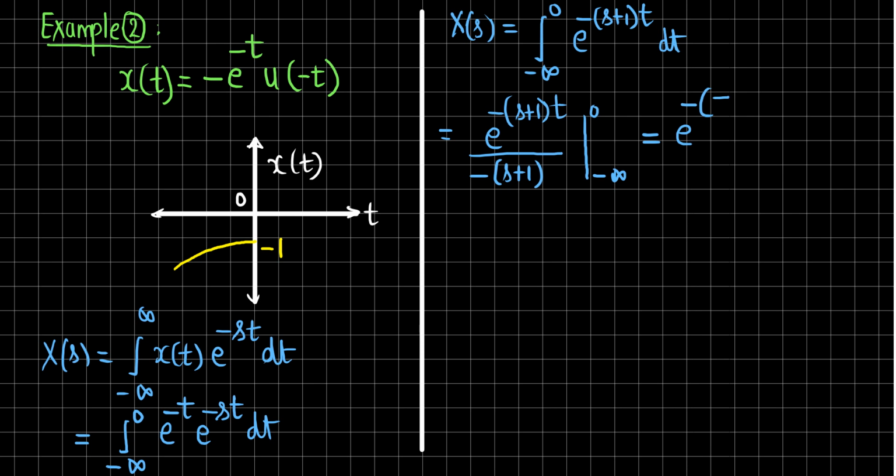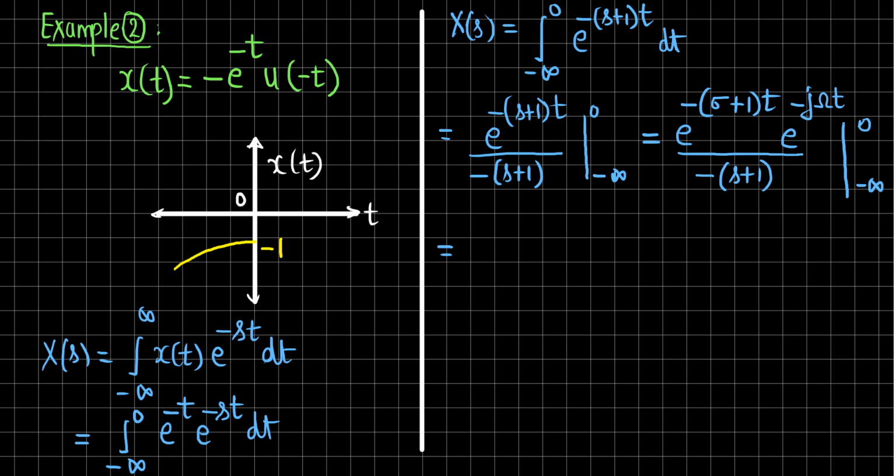So it is going to be e power minus sigma plus 1 times t, e power minus j omega t, divided by this minus s plus 1 factor, and the limits of t going from minus infinite to 0. Now we can replace these limits.